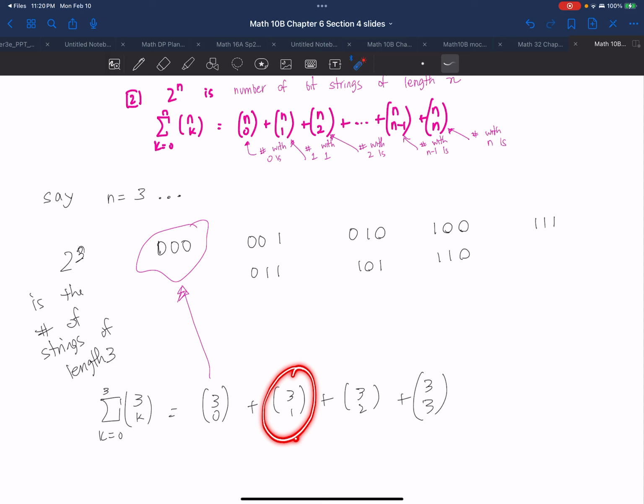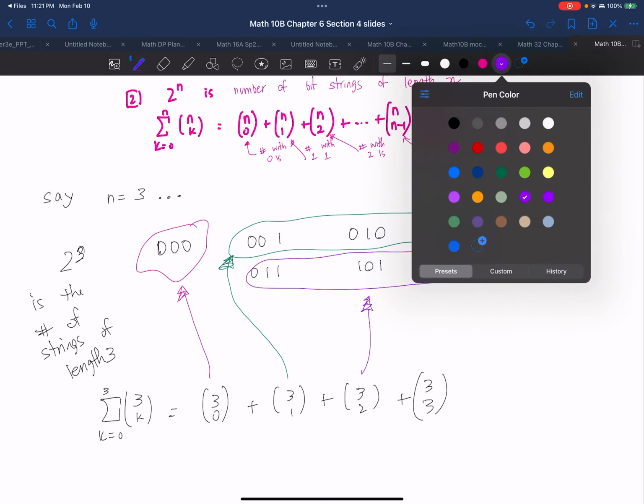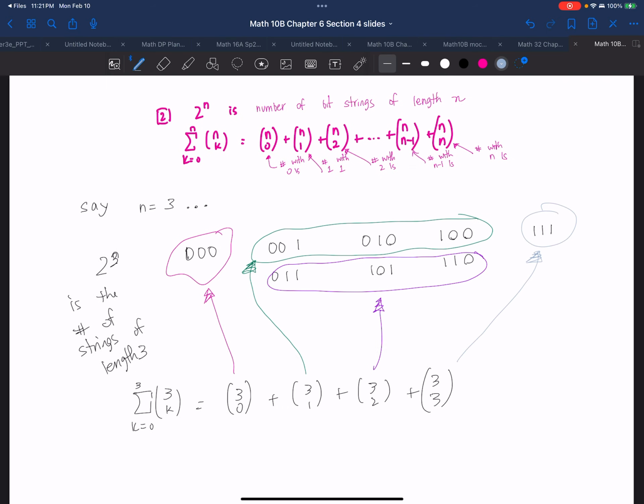This is the number of strings with exactly 1 one. This is the number of strings with exactly 2 ones. And then the last one is the number of strings with exactly 3 ones. Make sense? Okay.